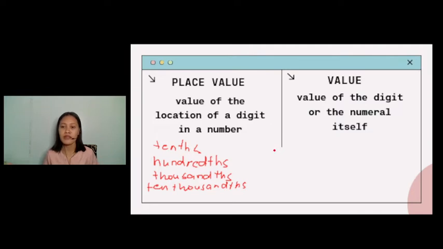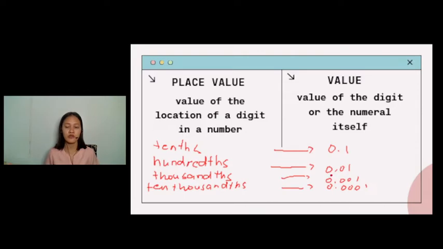Tenths, its value is 0.1, hundredths, 0.01, thousandths, 0.001, and ten-thousandths, 0.0001. So, these are the default values for our place values. Magbabago lang siya depending on the given digits of our decimal number.